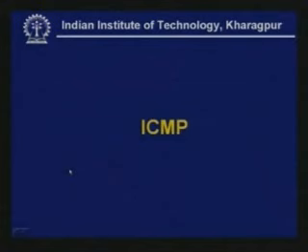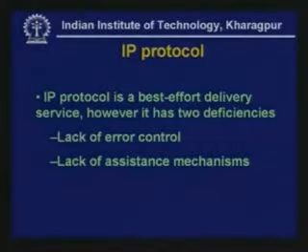Okay. So, having discussed DHCP, our next topic is ICMP, Internet Control Message Protocol. Now, it is necessary because the internet is of course based on the Internet Protocol. Now, the IP protocol has some drawbacks.